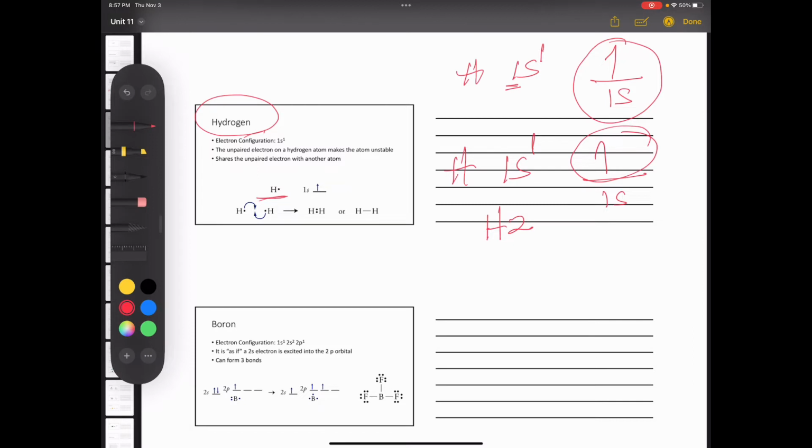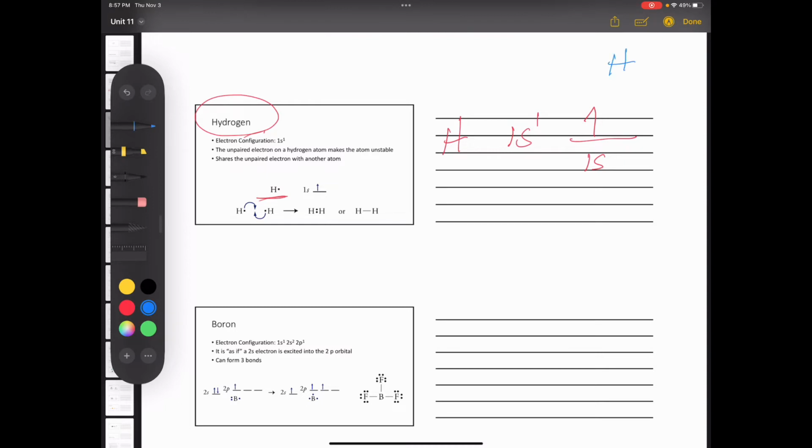To demonstrate it in a better way, if you have the hydrogen atom with 1s1, you have the 1s orbital with one electron pointing upward. Again, we have the other hydrogen atom coming in with its 1s orbital, again 1s1 electron, and that electron is going to come down here and pair with the first hydrogen atom. In this case, we are going to have H2.